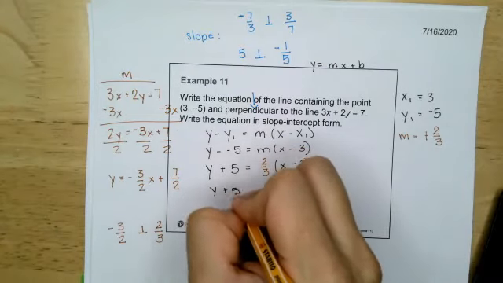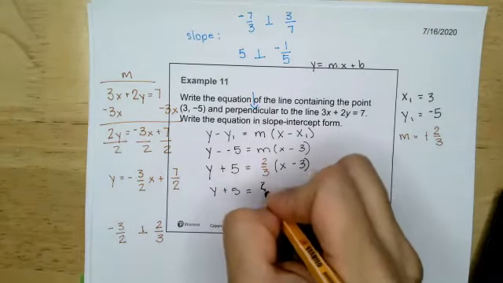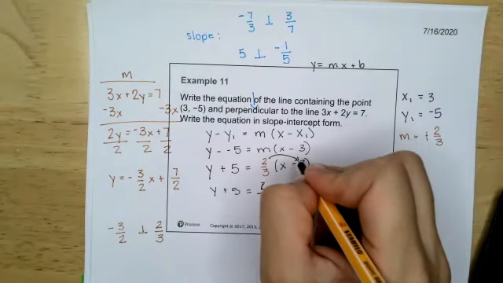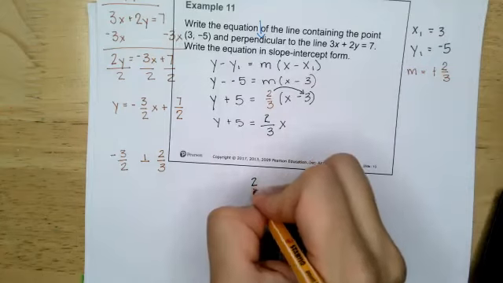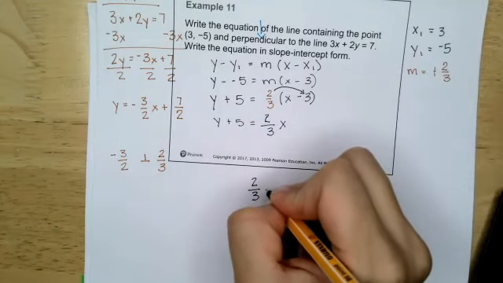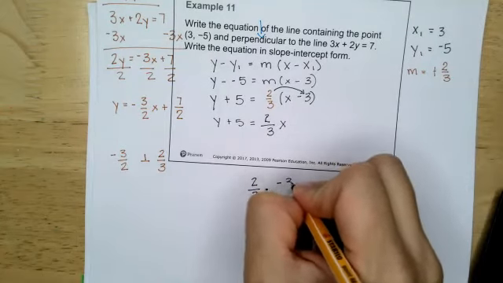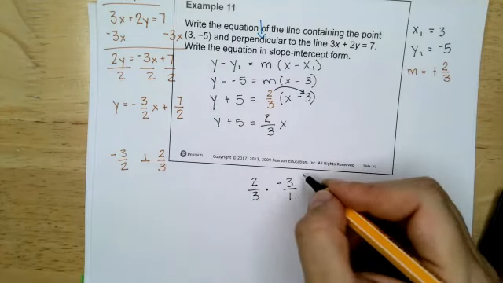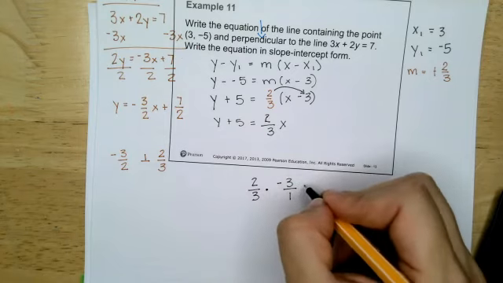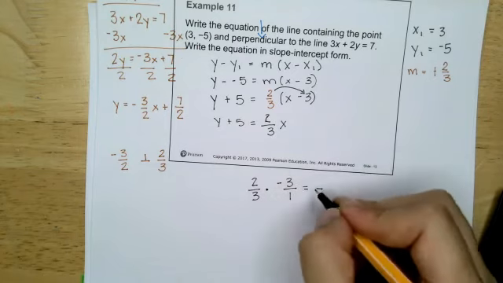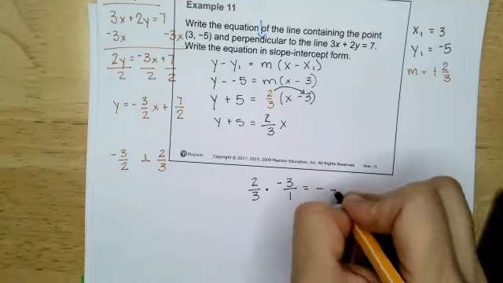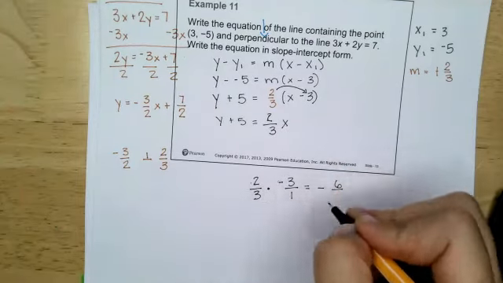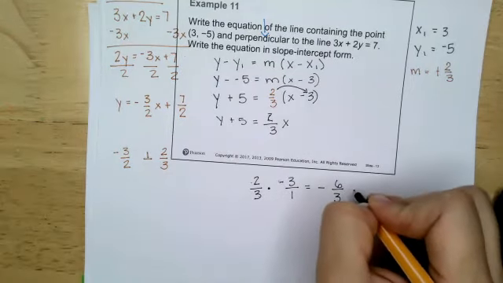y plus 5 equals 2/3 x. 2/3 times a negative 3: positive 2, positive 3 times negative 3. Or you can just put the negative sign out in front. It does not matter. You have one negative, so your answer should have one negative, either there, there, or there. 2 times 3 is 6. We accounted for that negative right here. 3 times 1 is 3.